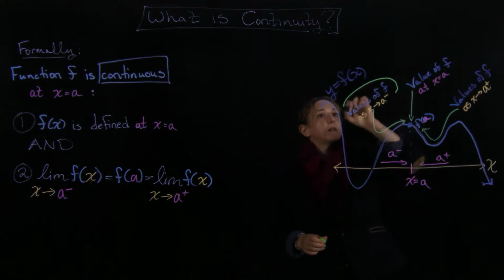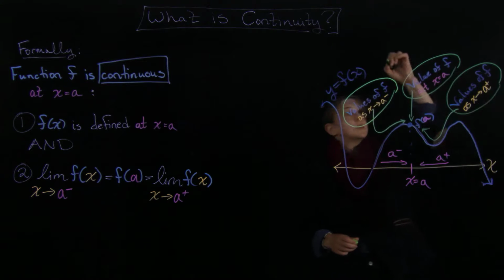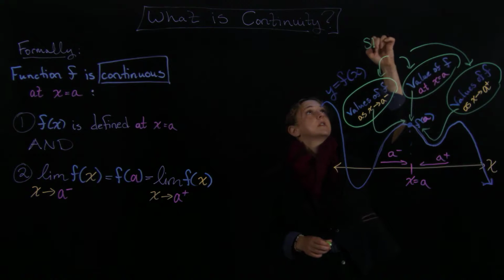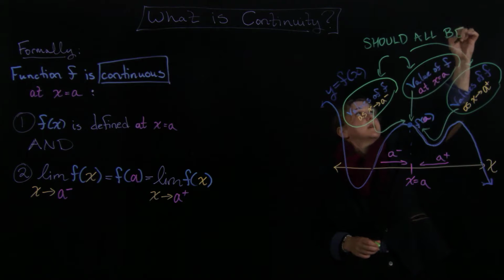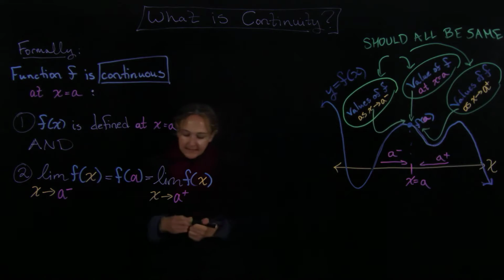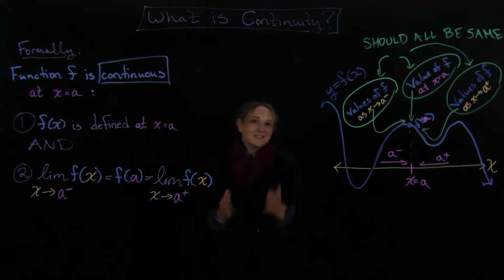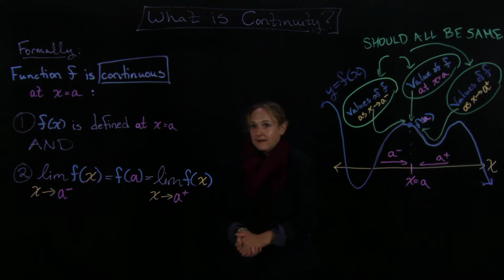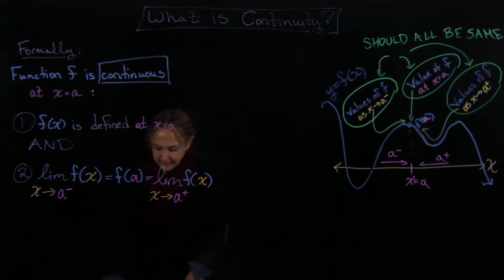So these values and these values and these values should all be the same. Okay, so that's what it means to be continuous: you can really predict what your function is going to be by looking at what it does nearby the particular value that you're looking at.